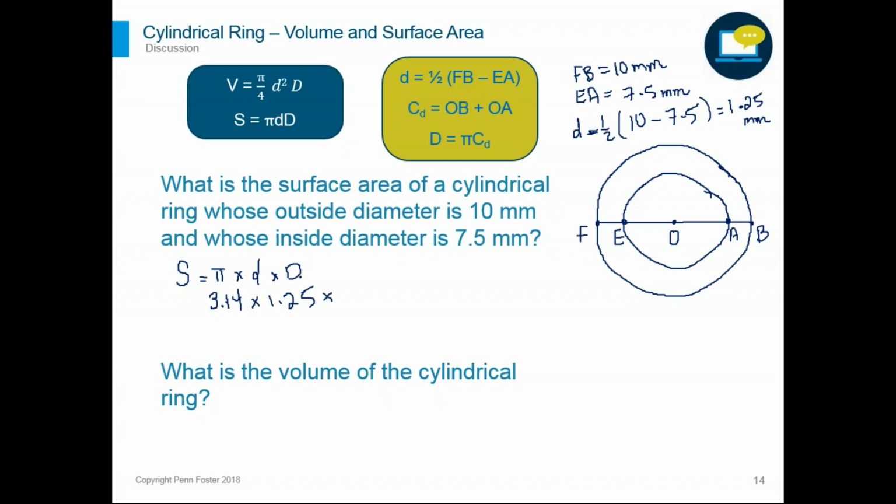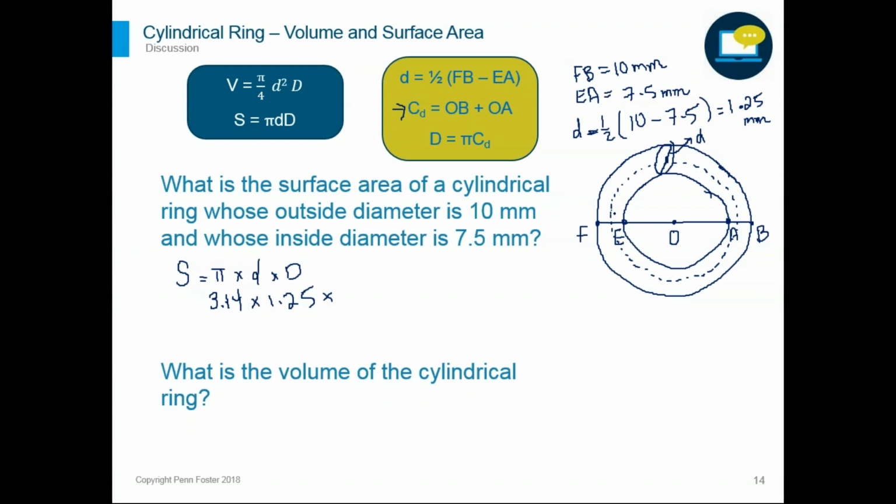I need capital D. And for capital D, remember, I need to do an intermediate step to find the diameter of the center circle. The center circle is here. It's an imaginary circle that goes through the middle of the center of the ring. And just to remind you that the little d was the diameter of the thickness of that ring.